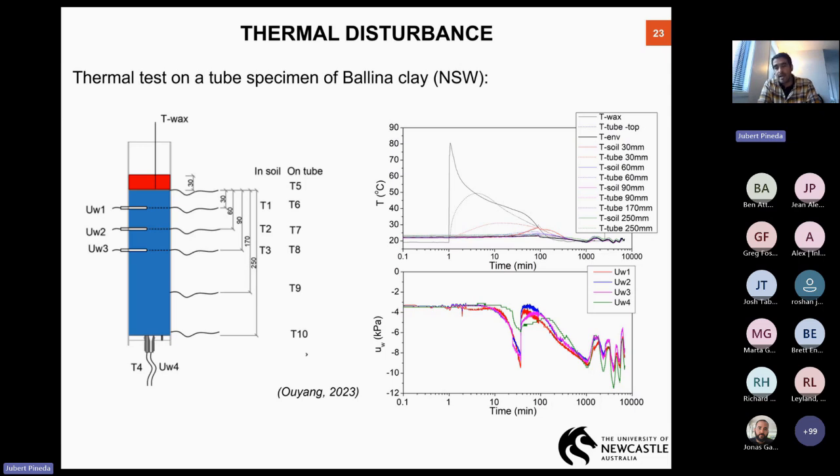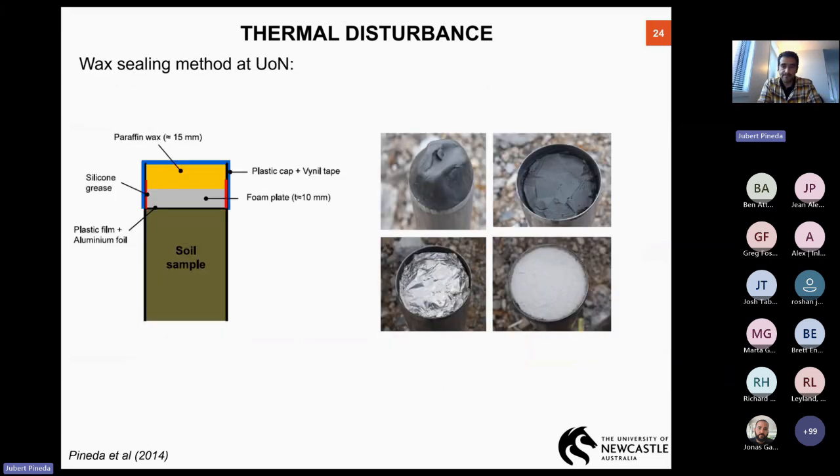All right. And how much impact does this have on sample disturbance? It depends on the type of soil, and on how much variation in water content we have from the center to the ends of the specimen.